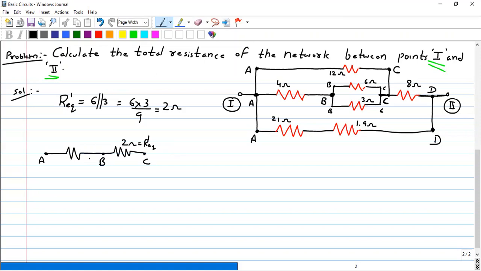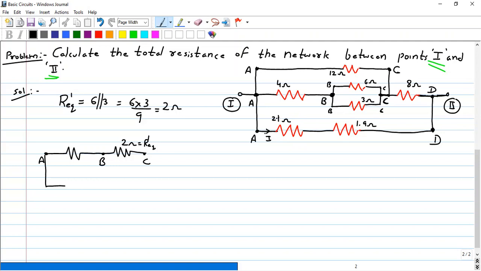Next, if you come out from point A, between A and D you have two resistances. For example, suppose the current is I; this current I will flow through 2.1 ohms. Sorry, this should be 2.1, not 21.